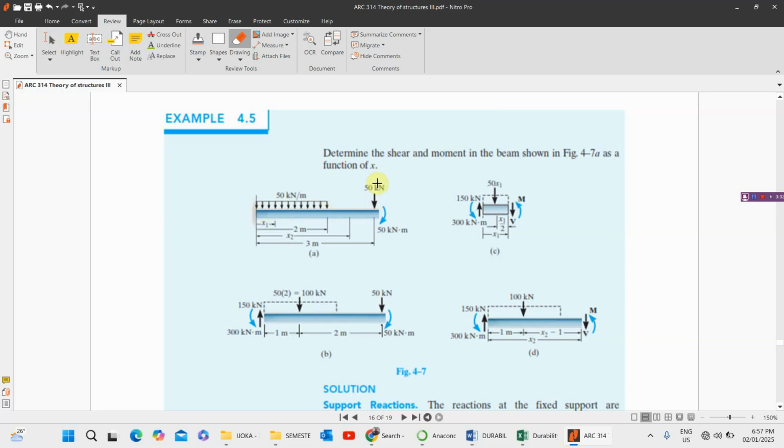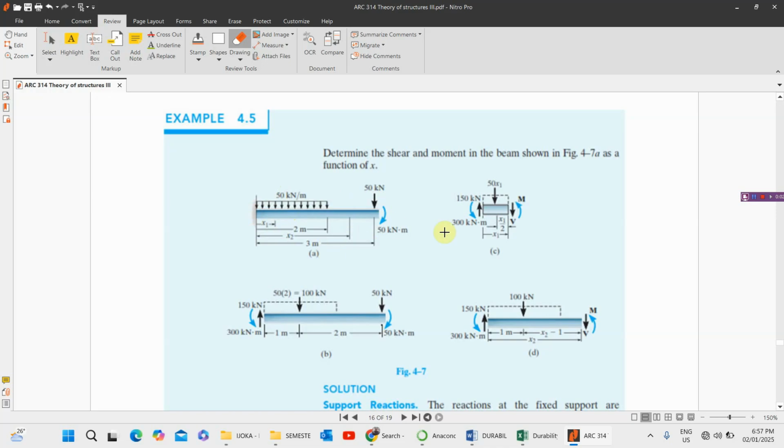The moment is 50 times 3, that's 150, minus 50 times 2, that's 100 at this point, times this distance 1, plus this 50. That was the moment here.